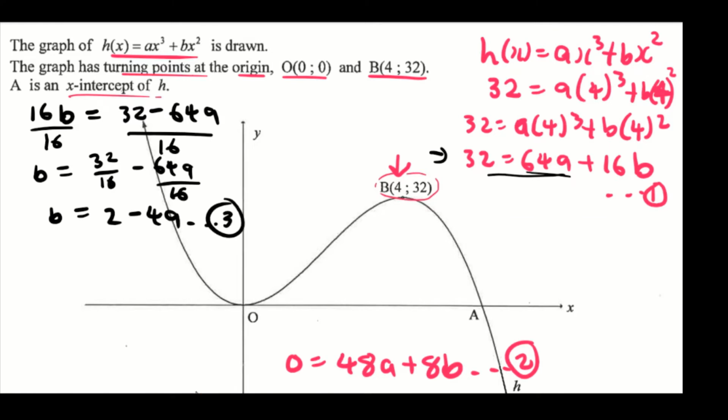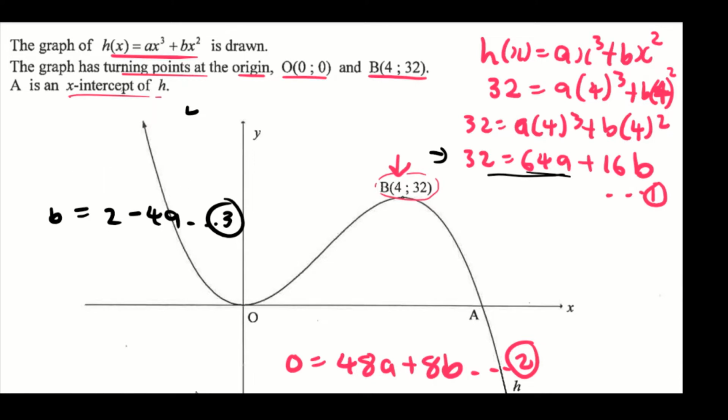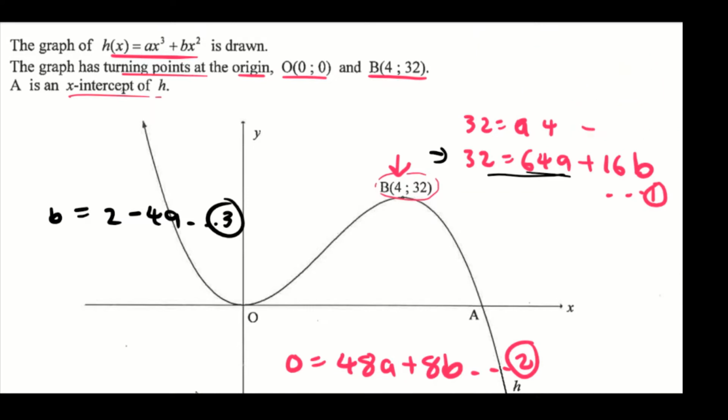Equation 3. So now we have equation 1, equation 2, and equation 3. We're going to find the values of a and b. So let me just write everything properly.